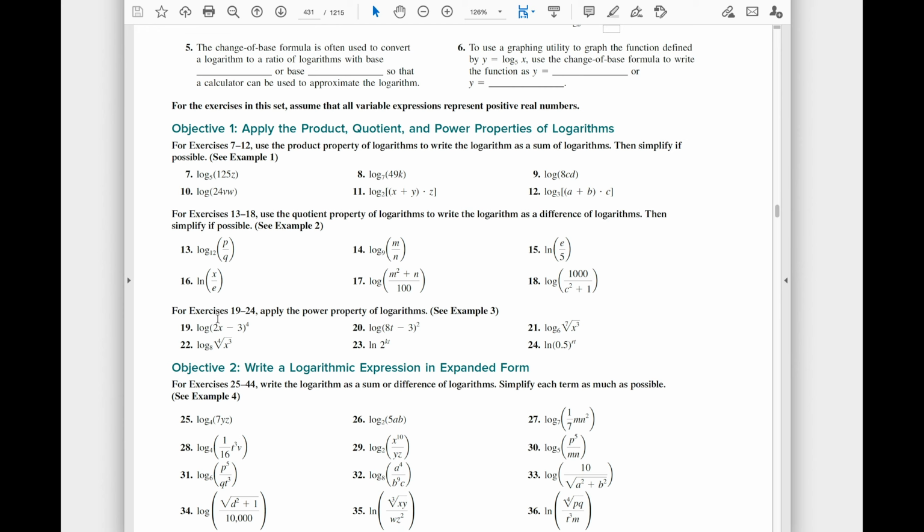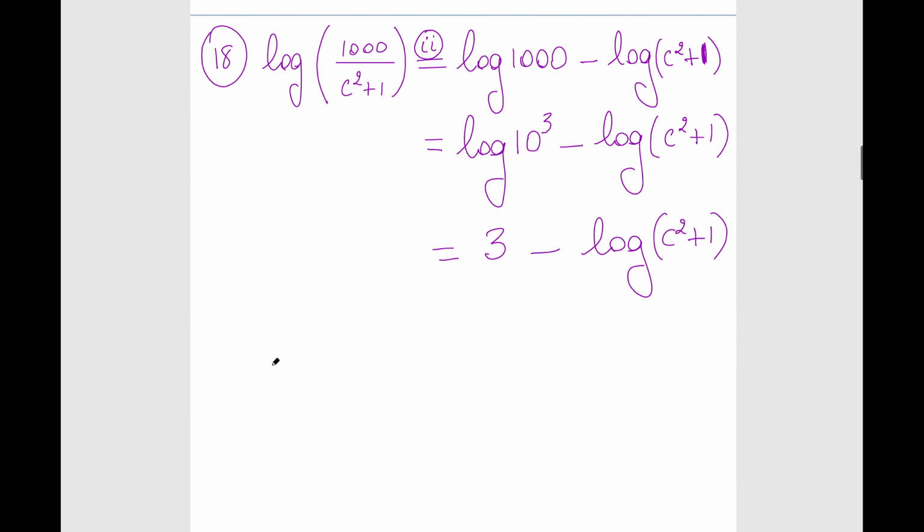How about now for problems from 19 to 24? Let's choose one of these. How about the last one, 24? The question is to apply the power property of logs. Power property is our property 3. Okay, so we have ln. Remember, ln is log base e, the natural log function. ln of 0.5 to the power rt.